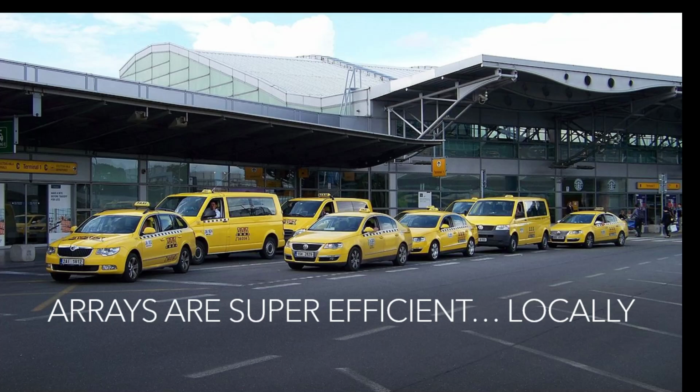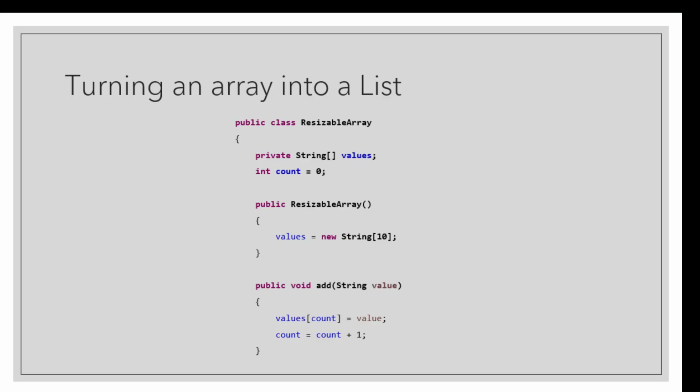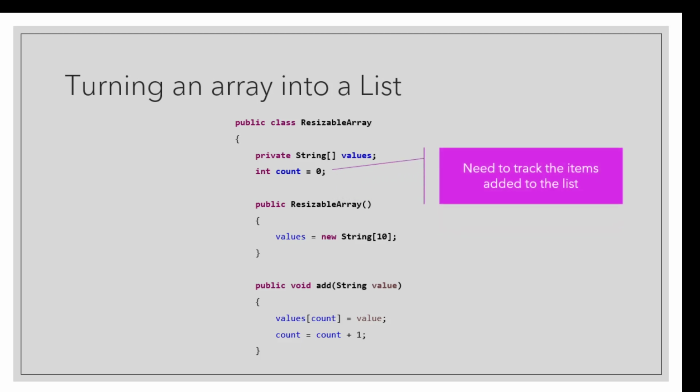But you have an ordering to things, and so we can actually take the notion of an array and all the craziness around it and convert it into a list, an ordered structure. The first key we need to do is not just have the array be, well, there's this size and I don't know how many elements are in it. We need to track the number of items in the list.